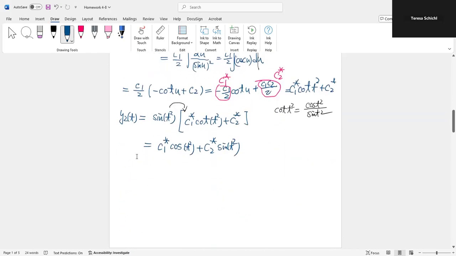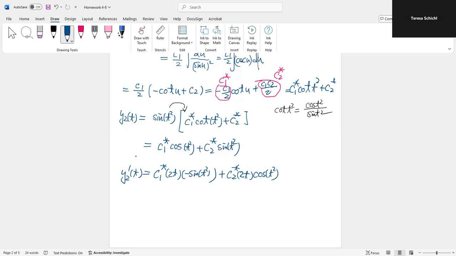So first, let's do y2 prime, because we need both. y2 prime of t is going to be C1 star, and then here's the chain rule: the derivative of cosine t squared is negative sine t squared, and then plus C2 star, and then this is 2t times cosine t squared.